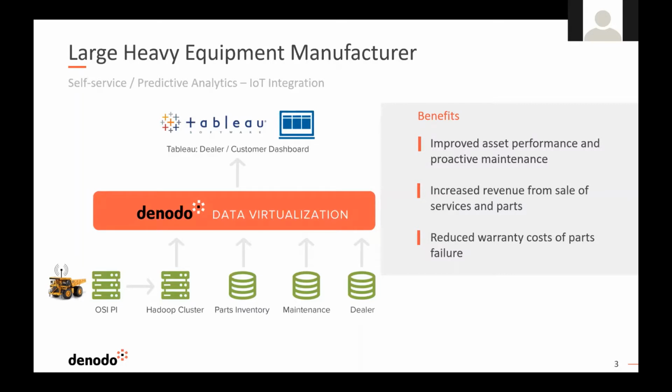The end result is that now they could improve the performance of their asset and be far more strategic about the maintenance cycles. And this resulted in increased revenue, because not only could they reduce the number of parts that were being replaced unnecessarily, but they could, in fact, understand whether those parts could be sold on to other organizations or redistributed around their network.